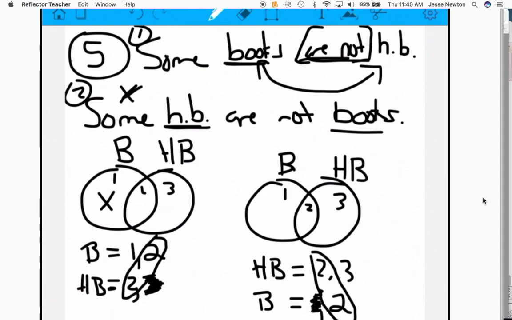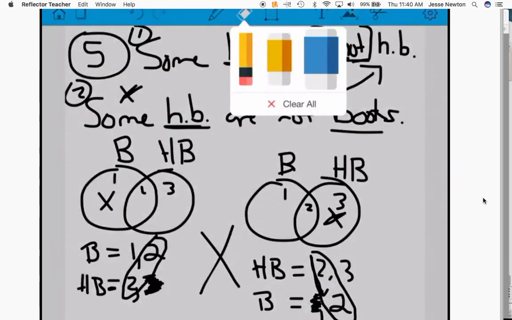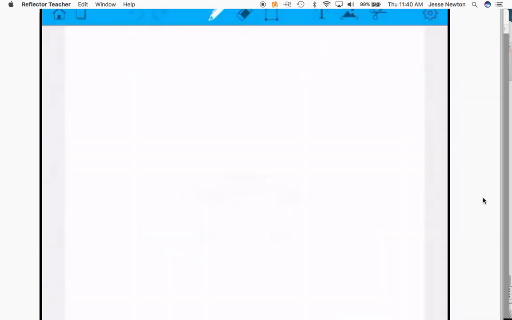So "are not" means not in 2. We put an X here. And are these two propositions logically equivalent? No, they're not. The converse of an O-form proposition is never logically equivalent. All right, clear all. Continue.